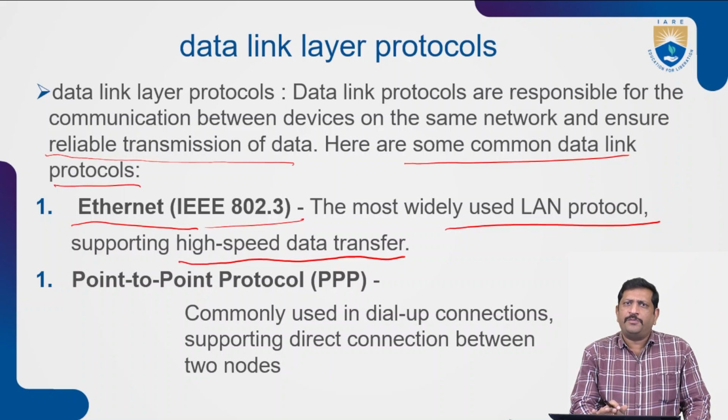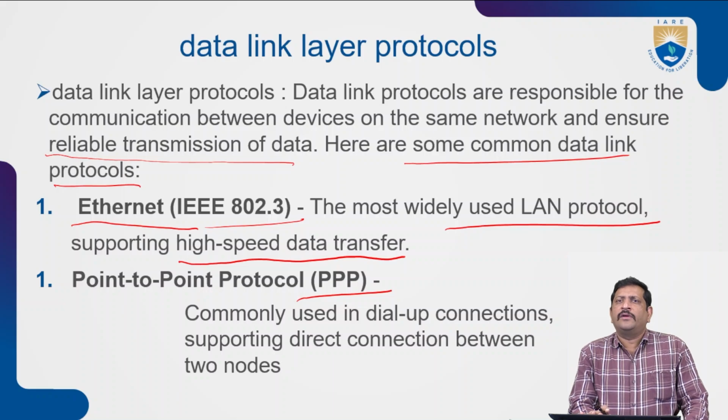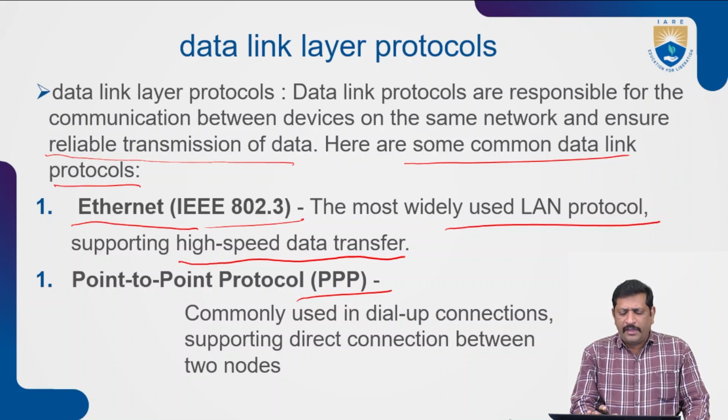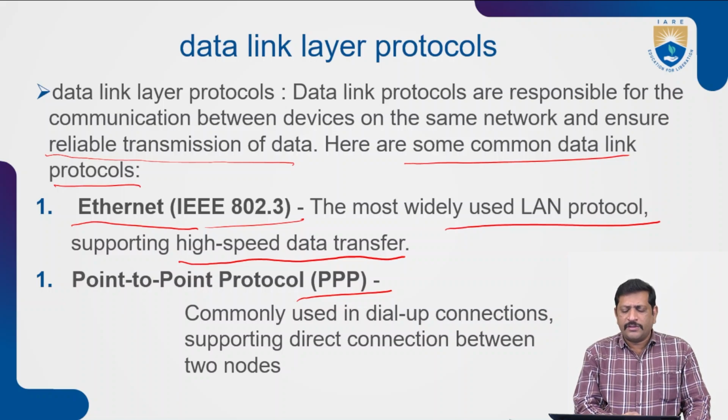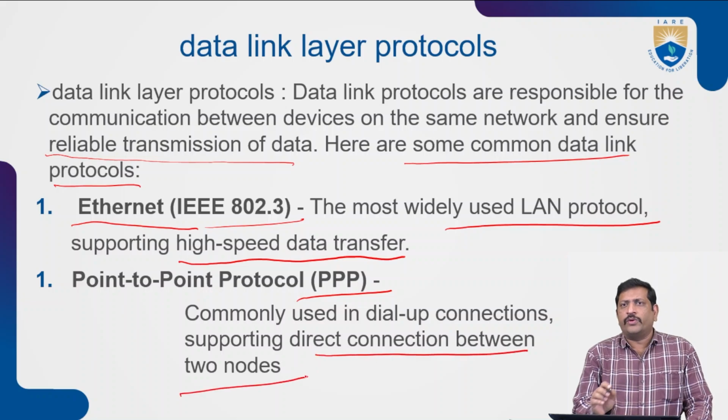So with the Ethernet protocol, IEEE 802.3, the data rate will be very high speed. Next is the point to point protocol, that is PPP. Generally point to point protocols are used in dial-up connections, supporting direct connections between two nodes.